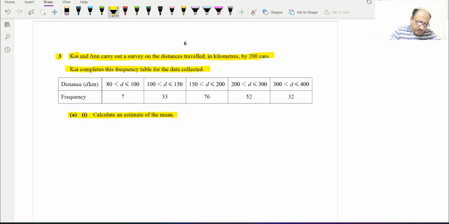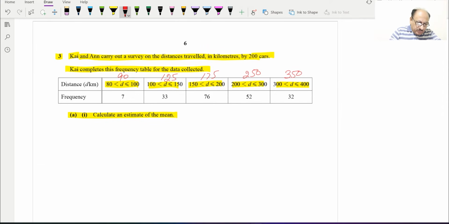For the estimate of the mean, we'll be checking the mid range of these values.